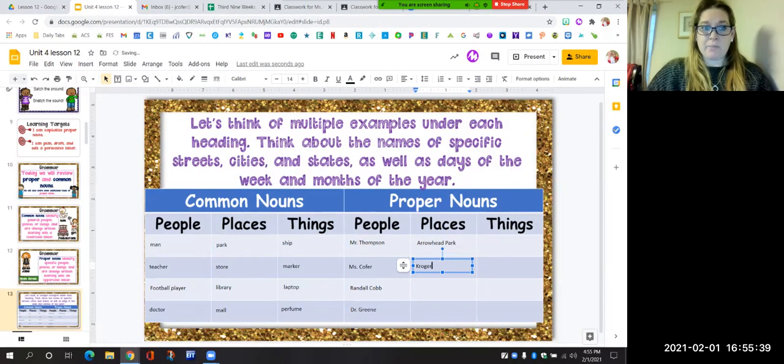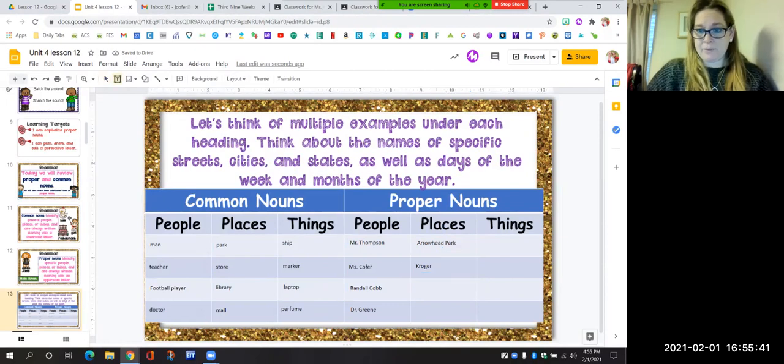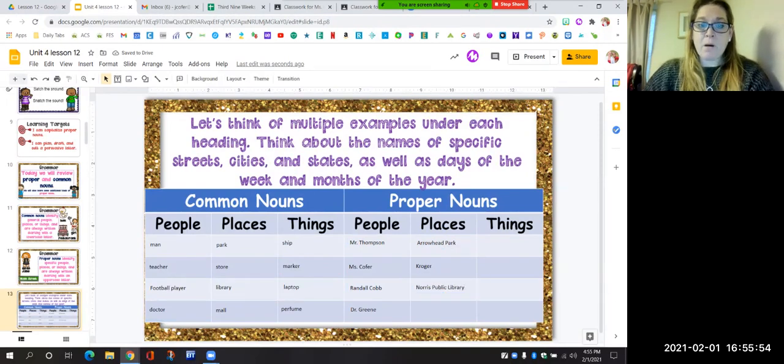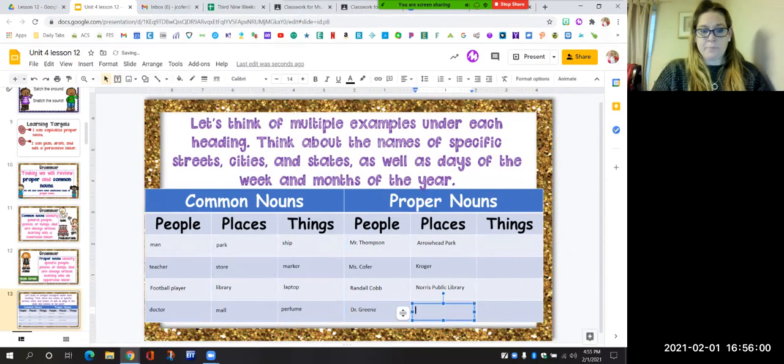Instead of just a library, we could have a specific library. We could say Norris Public Library. And instead of a mall, just a specific mall, we could say Westtown Mall.